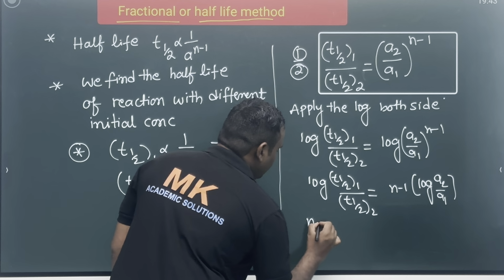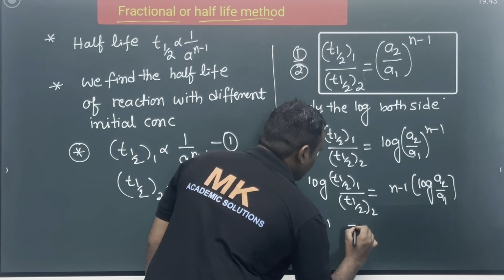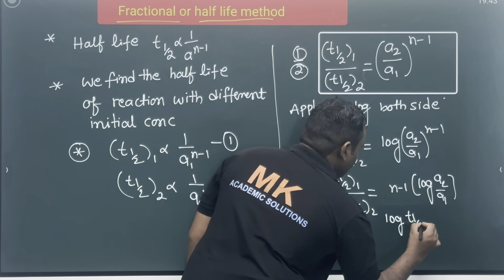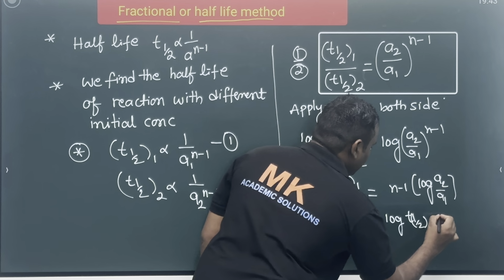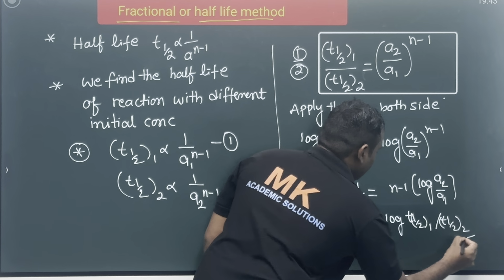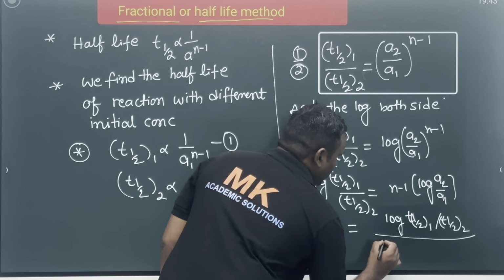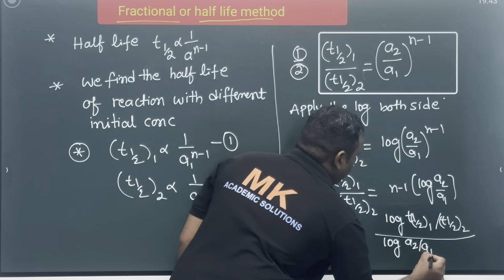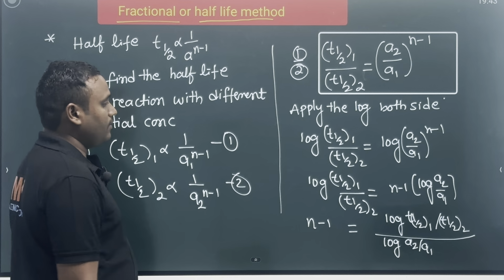So what will you get? n minus 1 is equal to log of t half 1 by t half 2 divided by log of a2 by a1. So this is the formula.